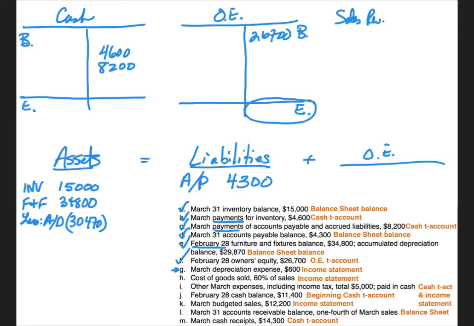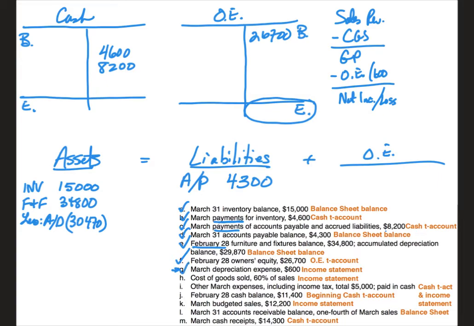So let's go ahead and create a quick income statement here because I have an expense, depreciation expense already of $600. I may have some more. I don't know yet, and that will give me my net income or loss, depending on which way it goes there. Okay, so we've taken care of this depreciation expense.